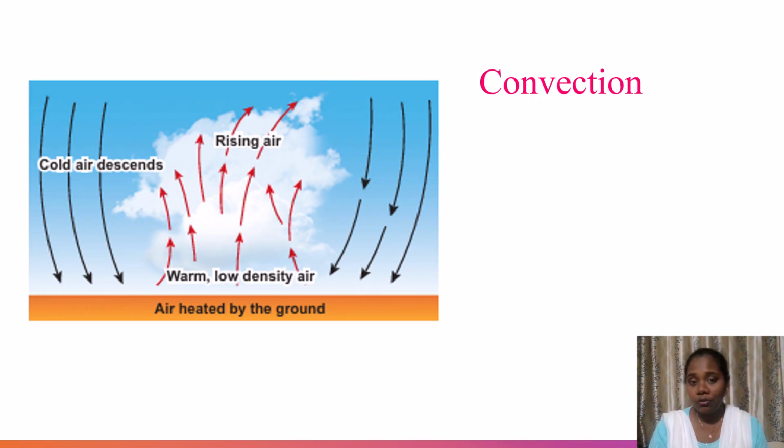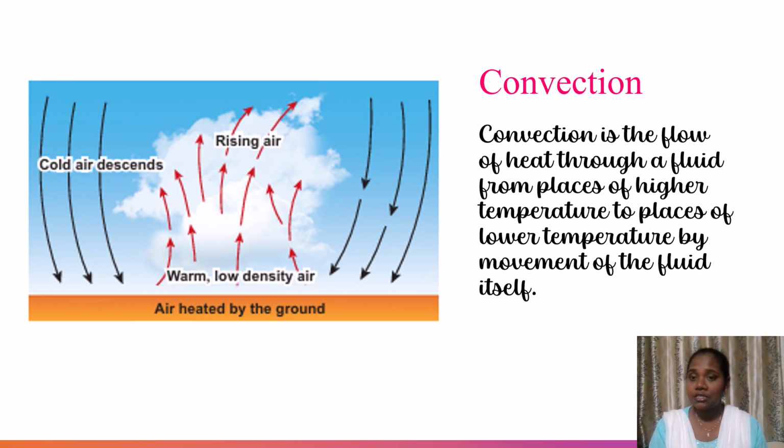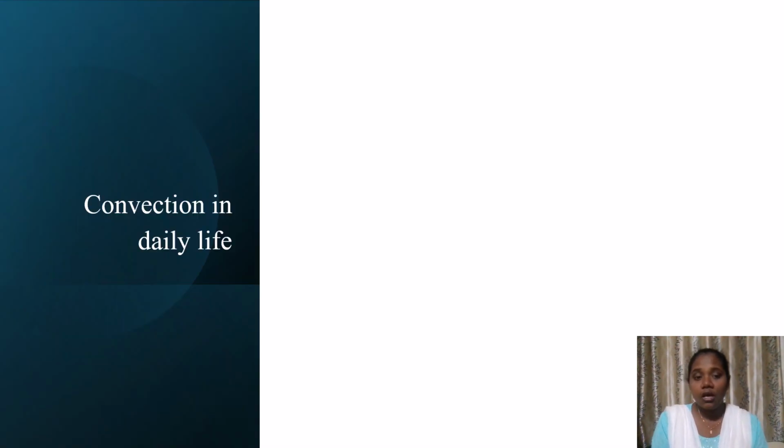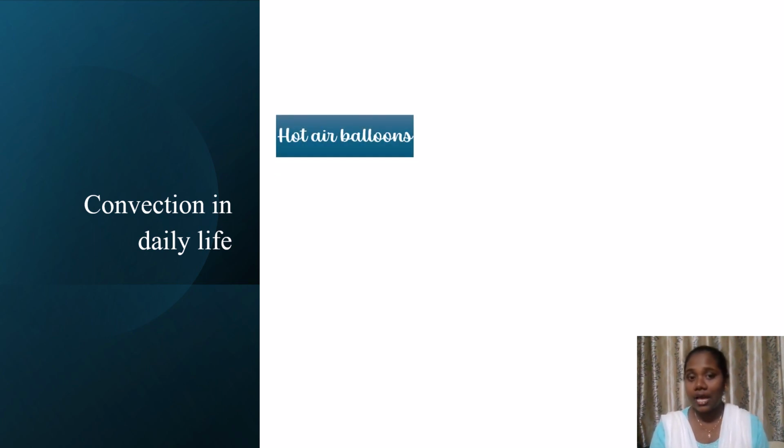Now let's see what convection is. Convection is the flow of heat through a fluid from places of higher temperature to places of lower temperature by the movement of the fluid itself. Convection in day-to-day life includes the hot air balloon.